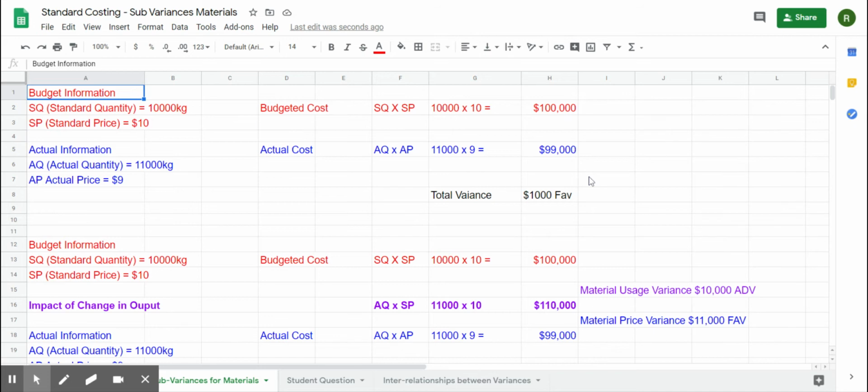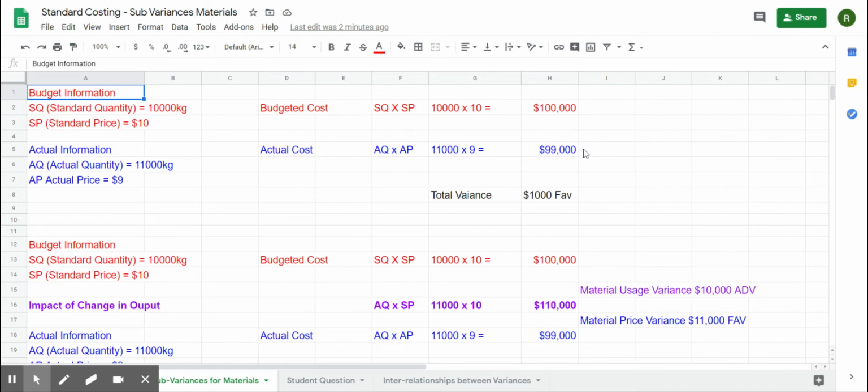And the next bit's also pretty straightforward because we know our actual quantity, that's the total amount of kilograms of raw material we used to make our output. And we know the actual price. So if we multiply the two together, we get an answer.